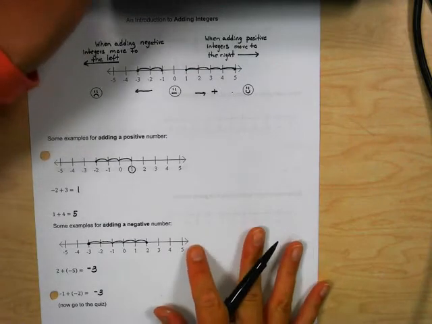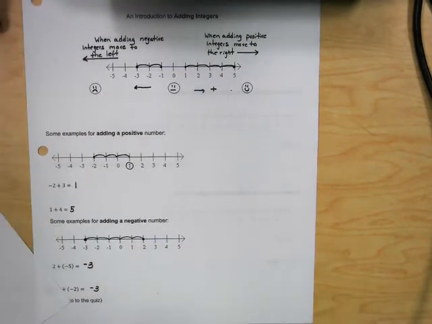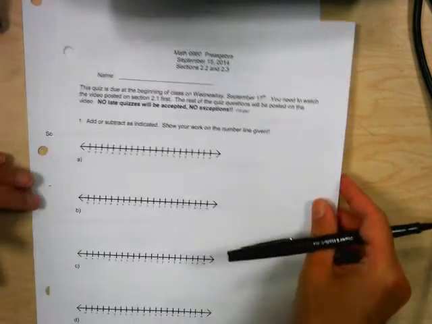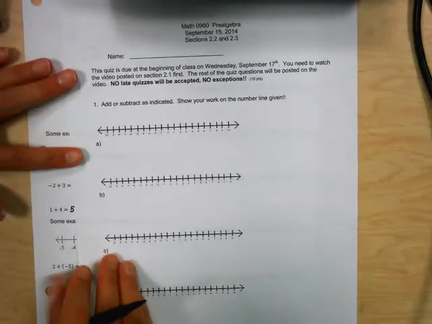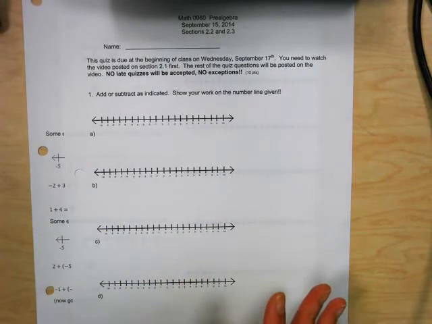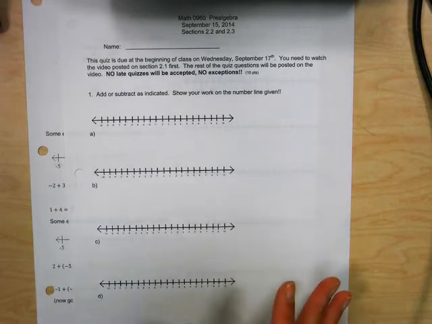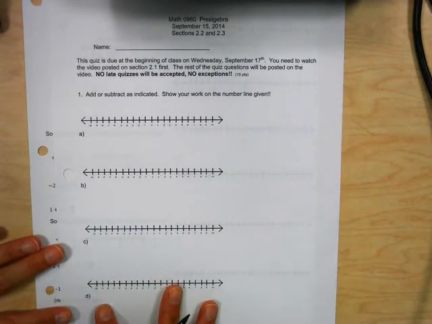Okay, so if you need to pause, go ahead and pause. I'm going to give you some questions that I want you to answer on 2.3. Okay, the first 5 questions are going to be adding. So pause it now if you need to, and then I'm going to fill in what you have to do for the quiz.